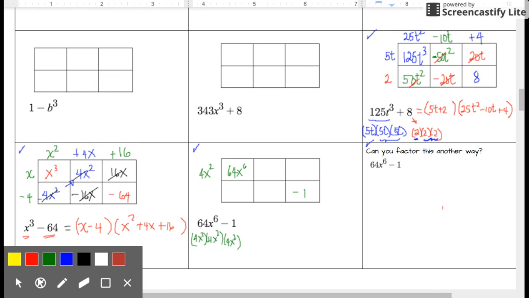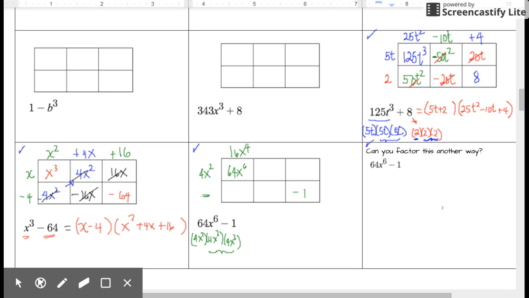So 4x squared goes here, and what do we multiply the 4x squared to get 64x to the 6th? It's going to be this, which is 16x to the 4th. And then what do we multiply to negative 1 by itself 3 times to get negative 1 as the product?